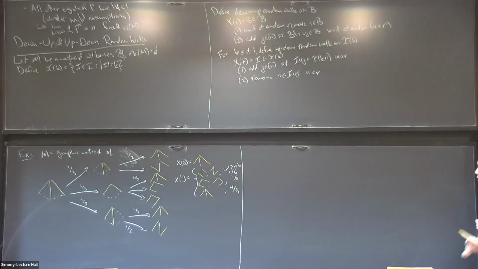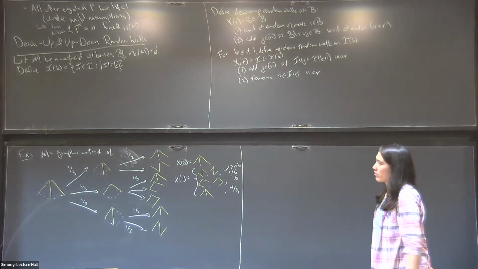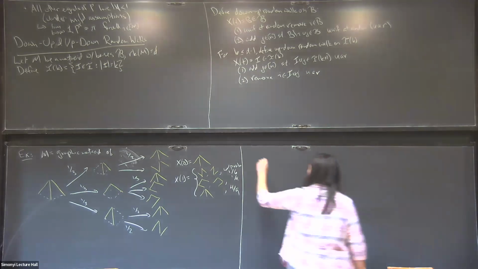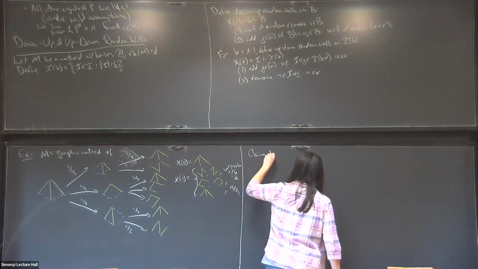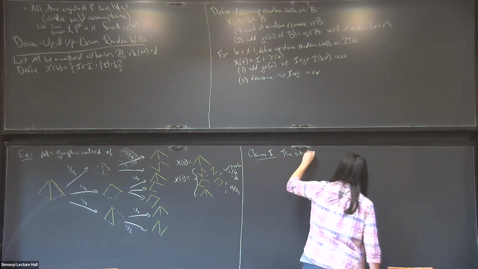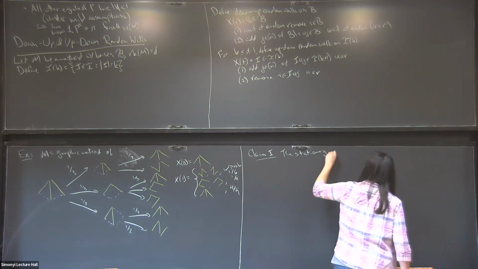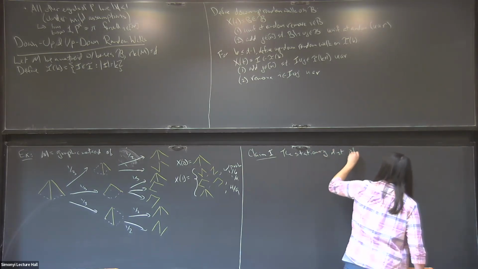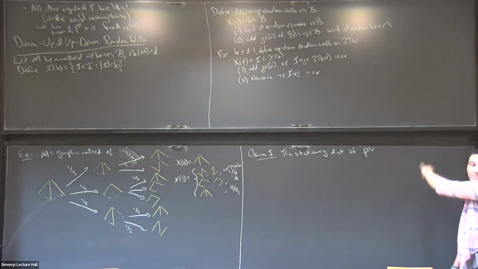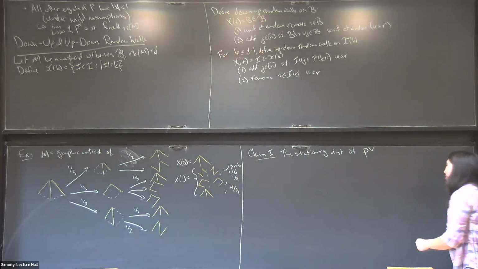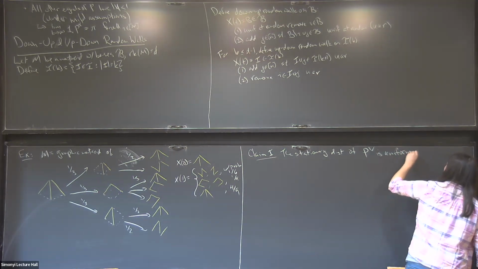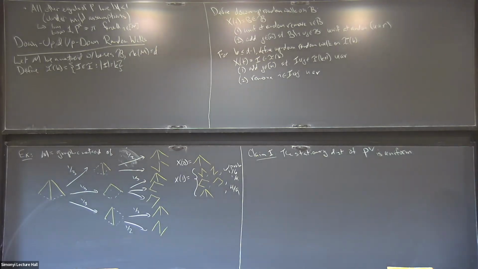Okay, so then I'm going to talk a little bit about claim 1, which is that we should get to the uniform distribution. The stationary distribution of P down up is uniform.